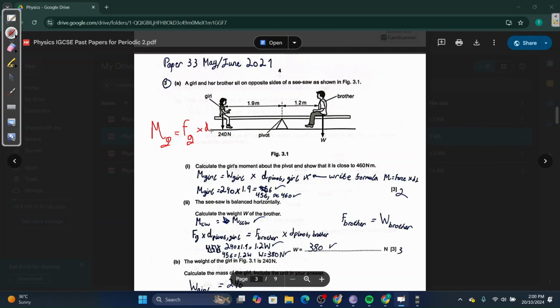Now, I would advise you, in the real IGCSE and in school written exams, to write perpendicular distance as words. Don't write D with the symbol for perpendicular, because in the mark scheme they needed this formula for a mark. I didn't get the mark because I didn't write it.